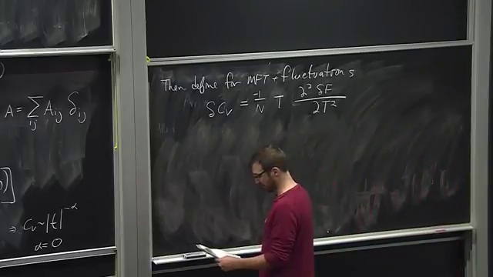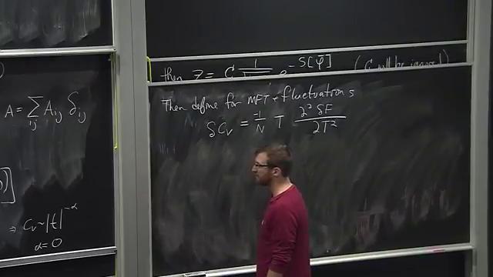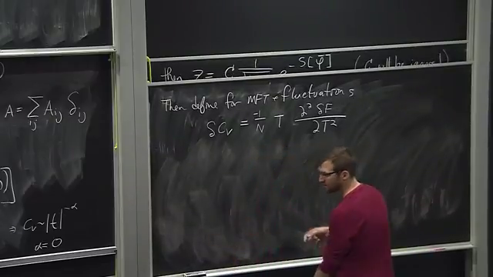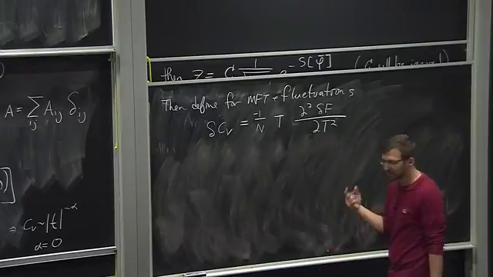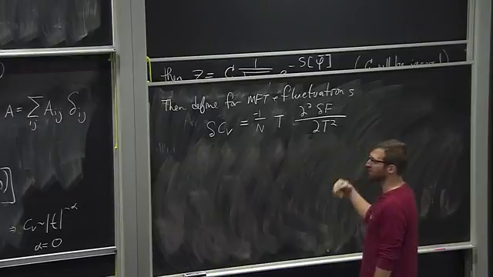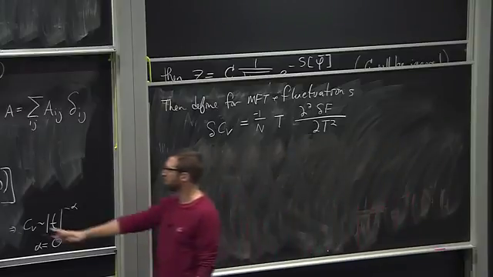Let's use J of Q. Remember, I expanded it out in terms of 1 minus 1/2 or something kappa Q squared. So the Q dependence of this whole thing will be contained in that object.